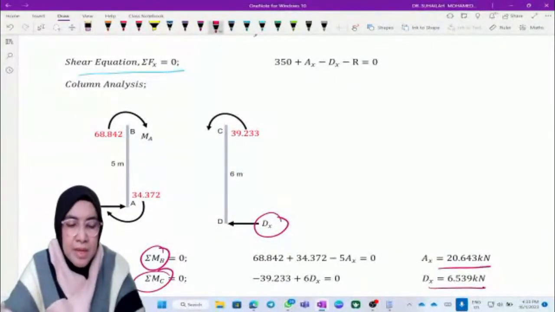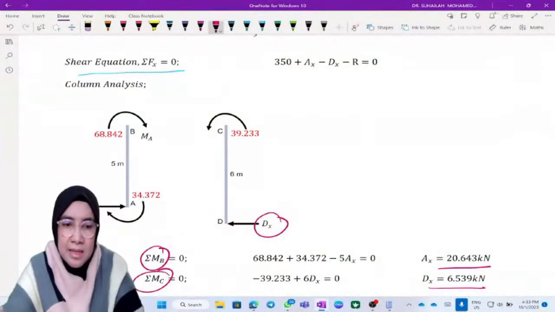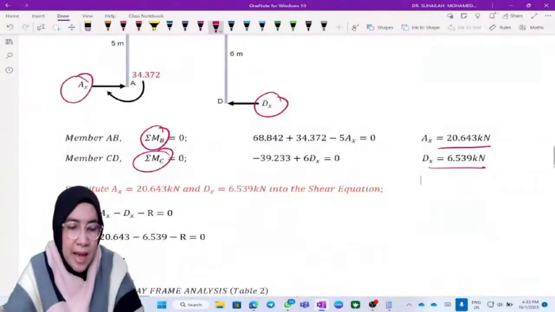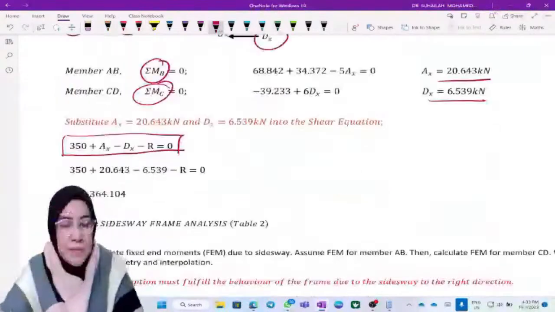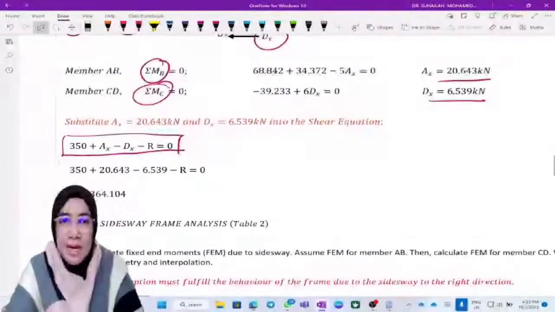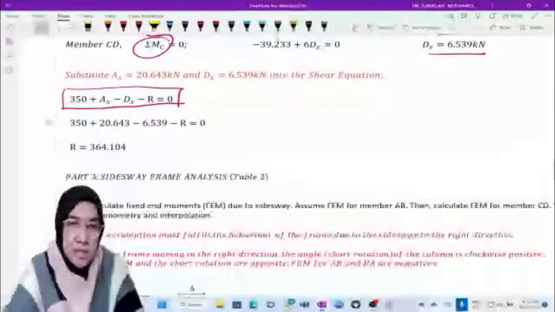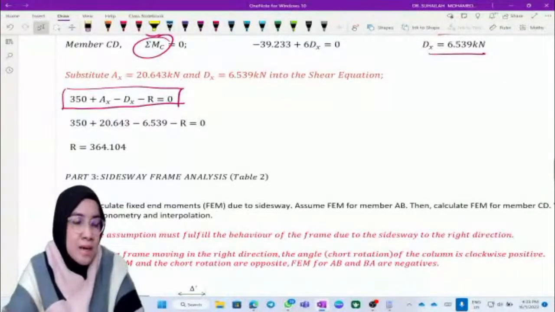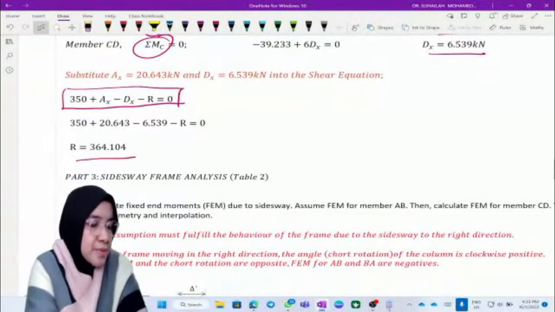Once we have determined AX and DX, we substitute them into the shear equation, and we get R equal to 364.104 kilonewton.